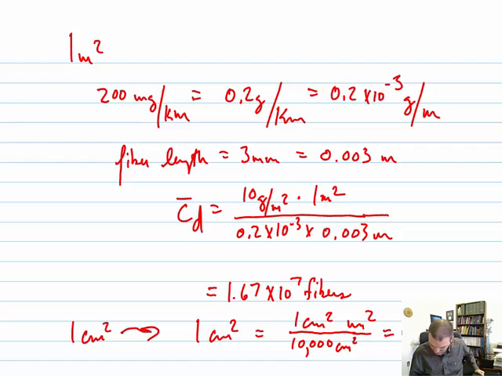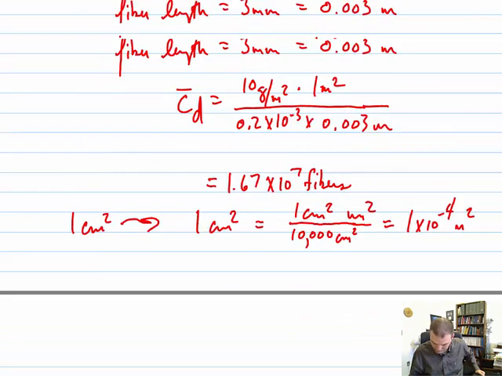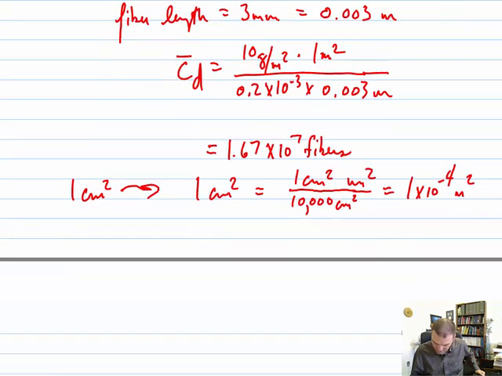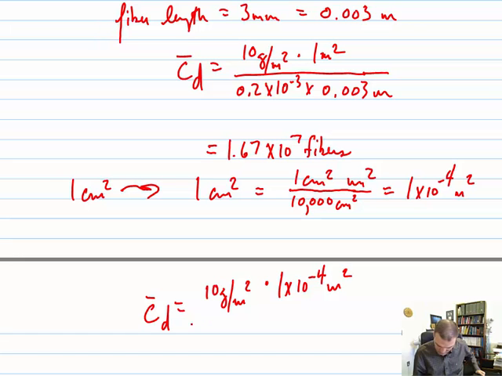So that's equal to 1 times 10 to the minus 4th meters squared. So if we plug this in, we would get C bar sub D, 10 grams per meter squared, times 1 times 10 to the minus 4th meters squared, over 0.2 times 10 to the minus 3.